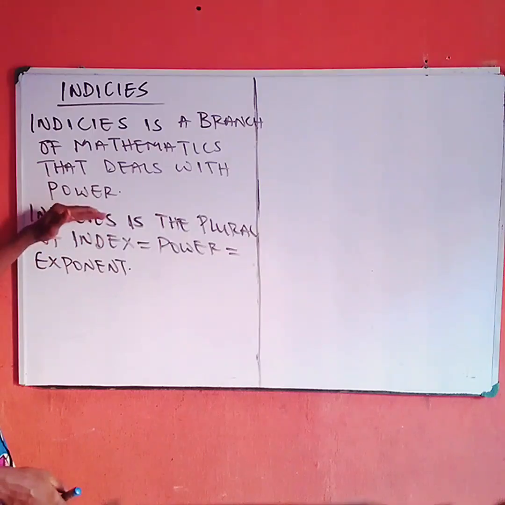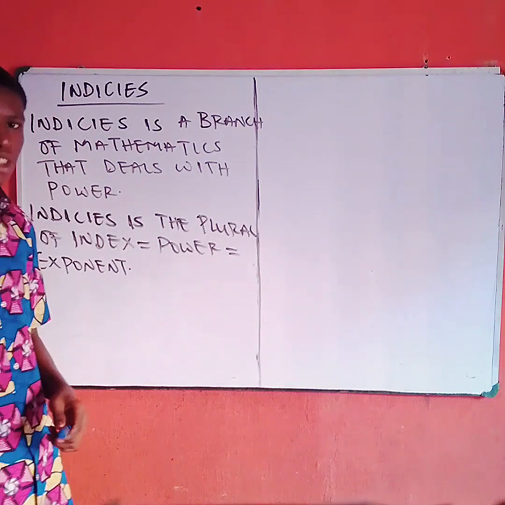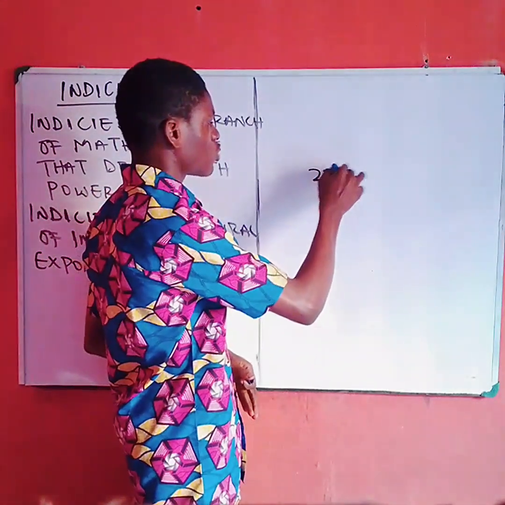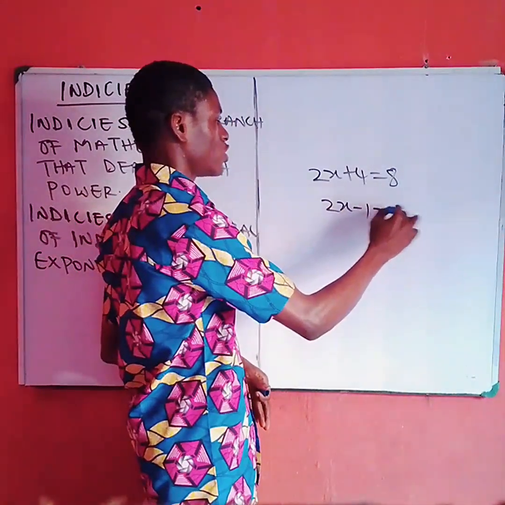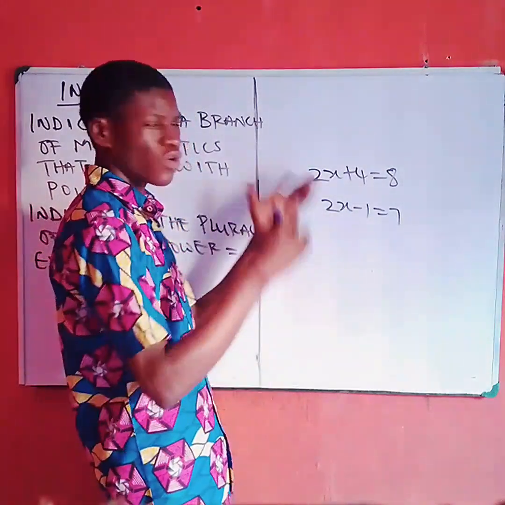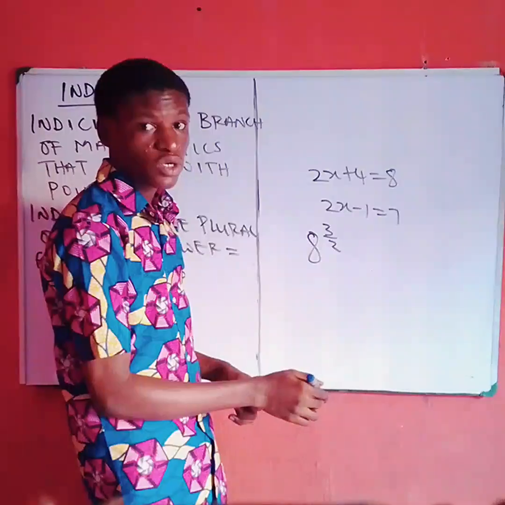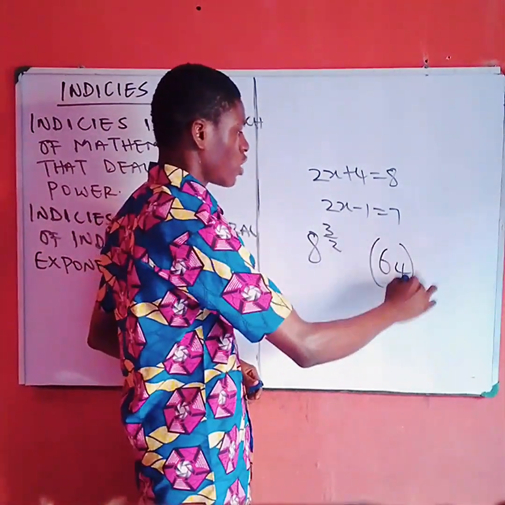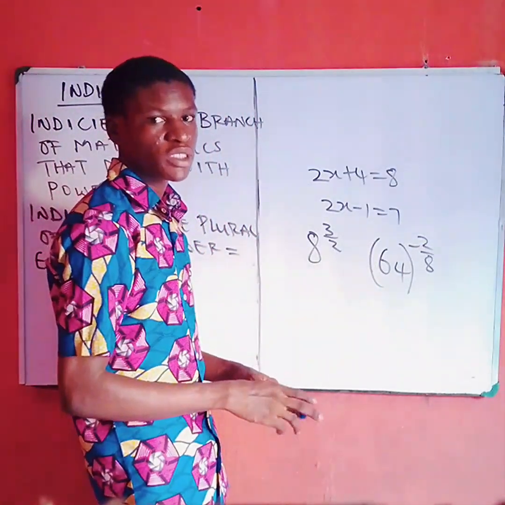So that's what we have traced down. Indices, that we are studying. What do you understand by that? You have been meeting mathematics as 2x plus 4 equals x, or 2x minus 1 equals 7. But if you meet mathematics like 8 raised to the power of 2 over 3, or 64 raised to the power of minus 2 over 8, how will I solve this kind of mathematics?